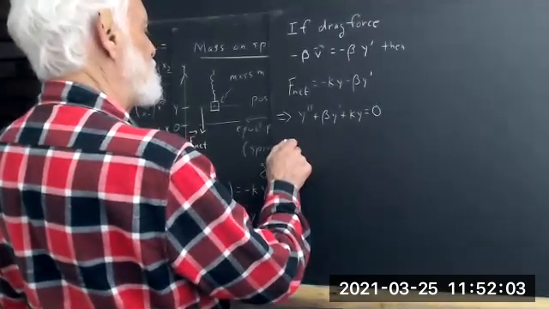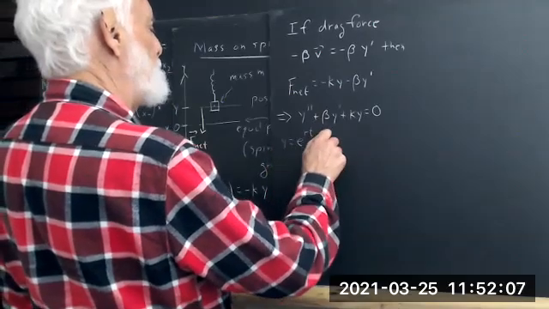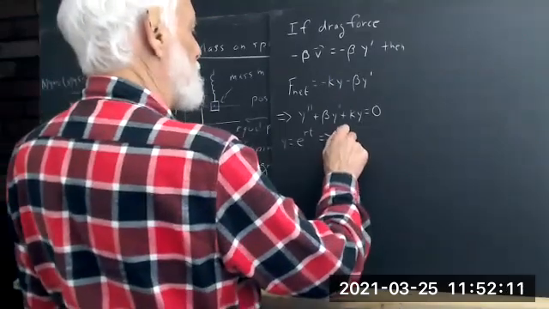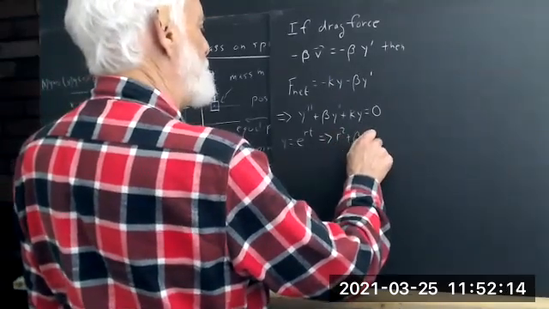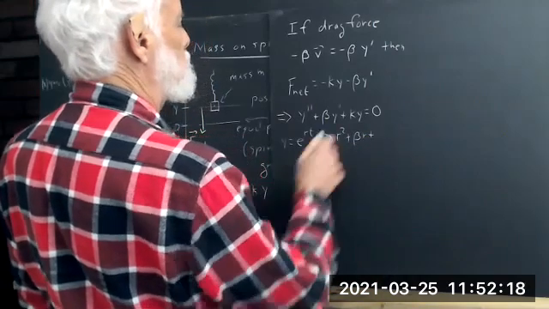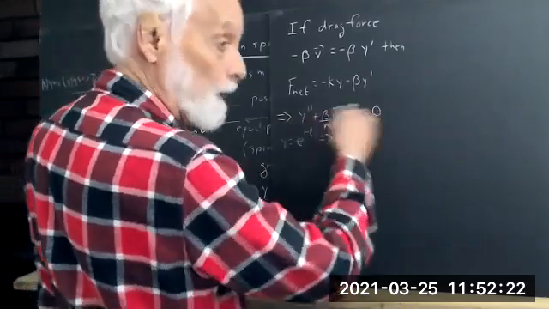So y equals e to the rt implies r squared... we do have mass in the denominator.